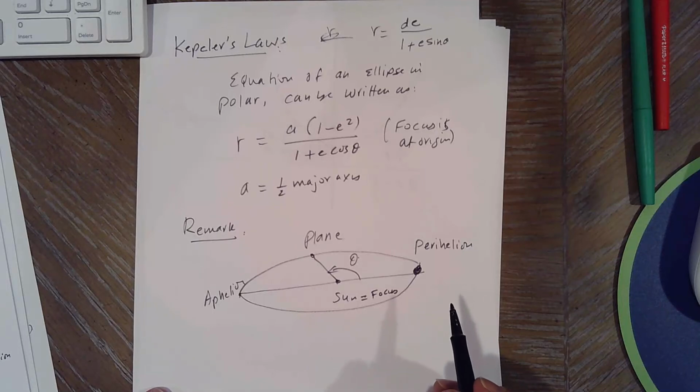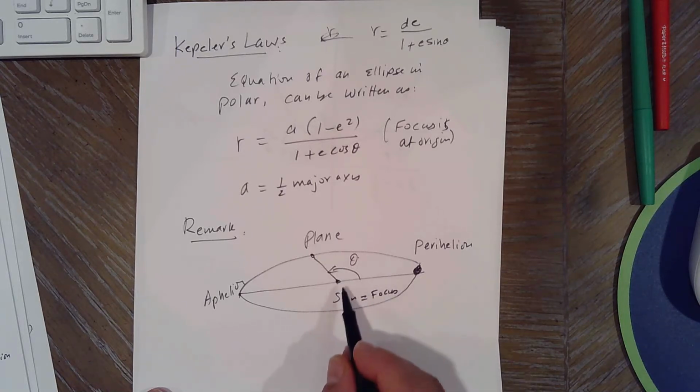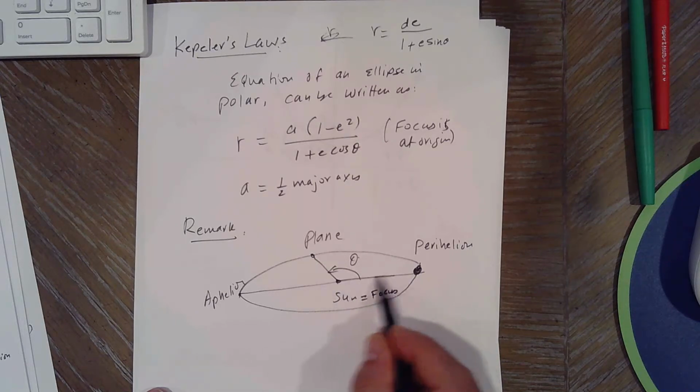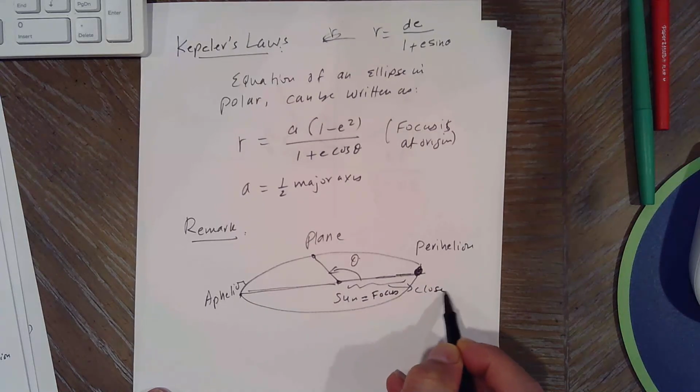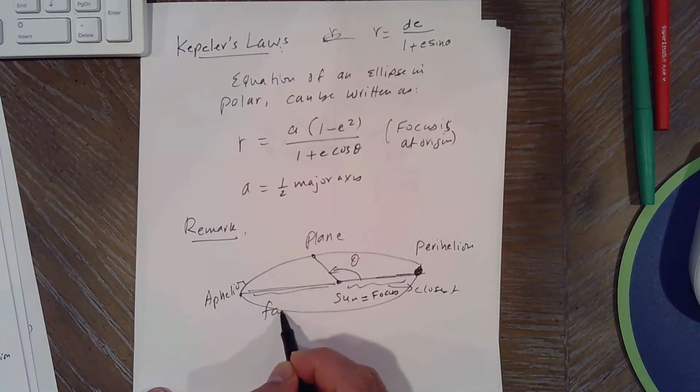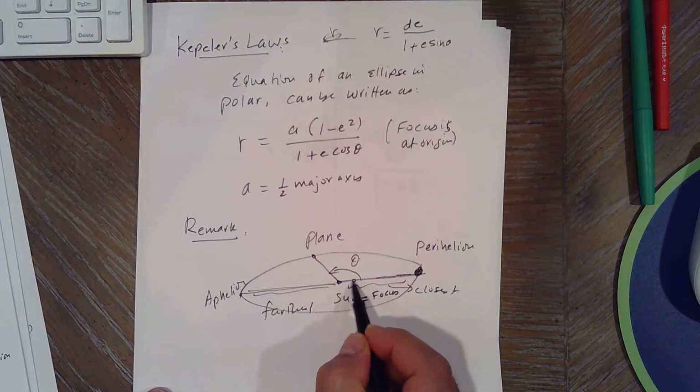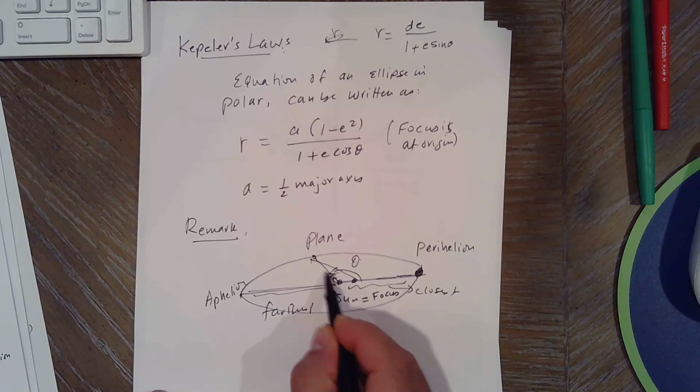Perihelion is the closest to the sun, and the furthest is aphelion. This is the closest. This is the farthest. I mean, the sun should be right here. I made a mistake. Okay.